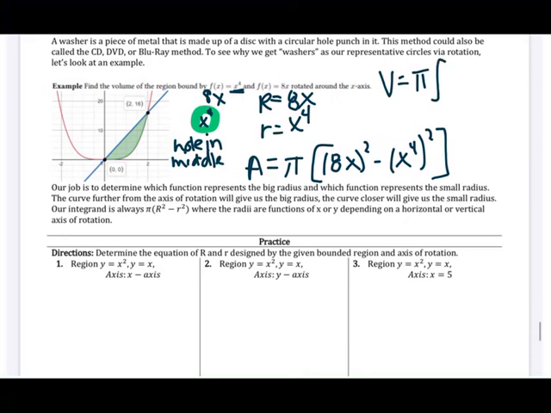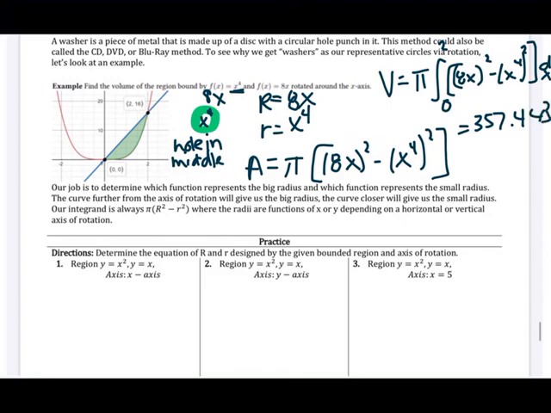So this looks like in terms of x, it's going from 0 to 2 of this area, 8x quantity squared minus x to the 4th quantity squared, all being integrated with respect to x. And I'm just going to tell you that this ends up being 357.443.